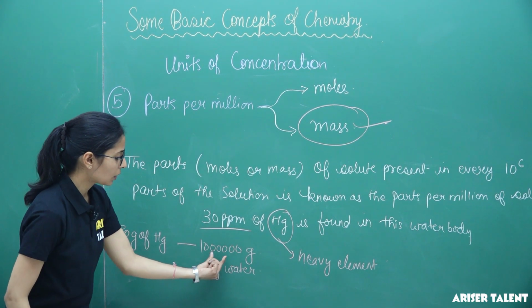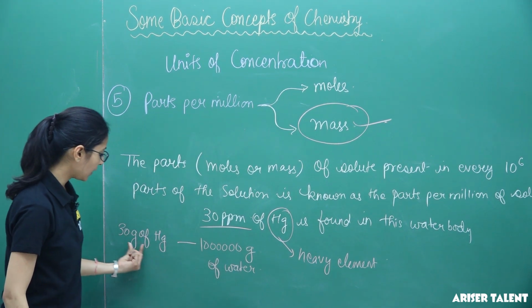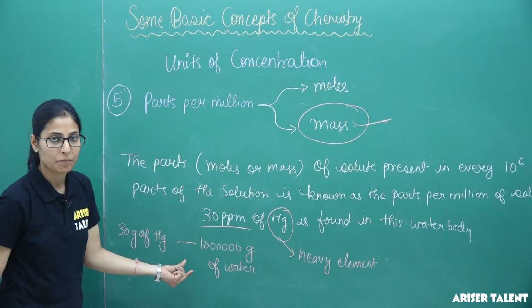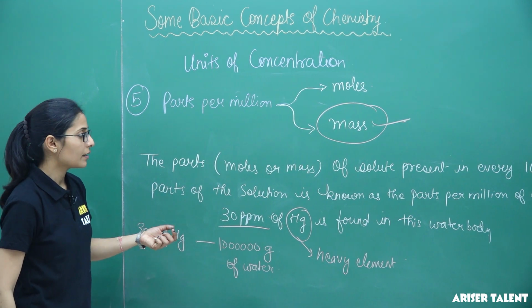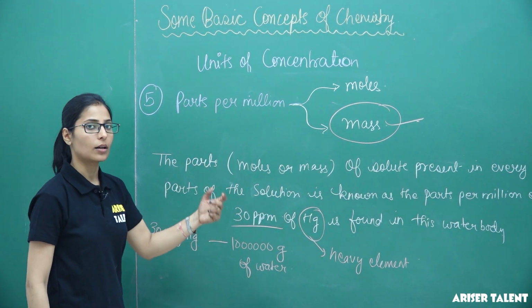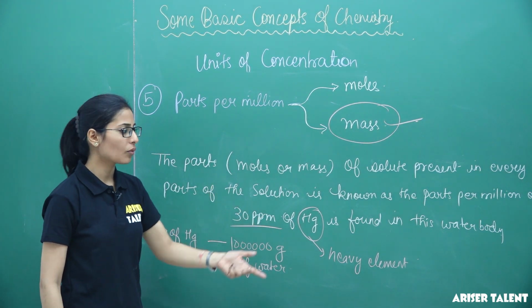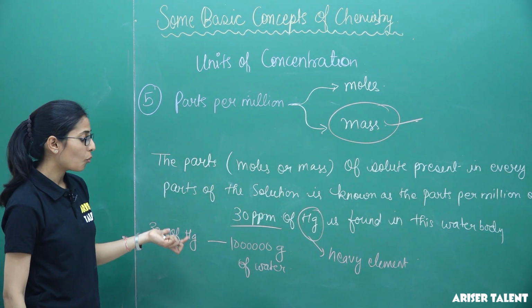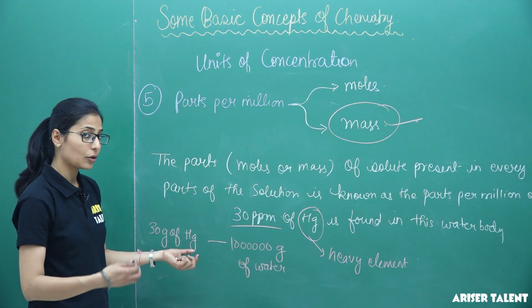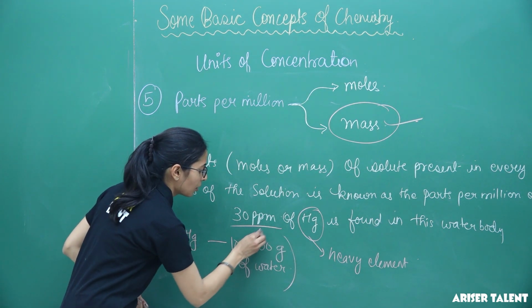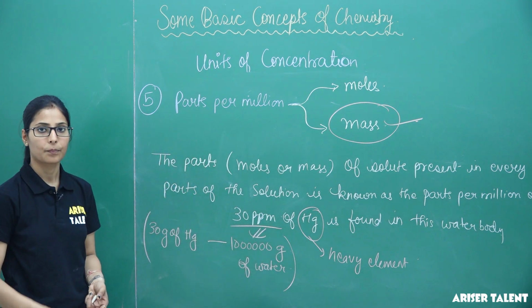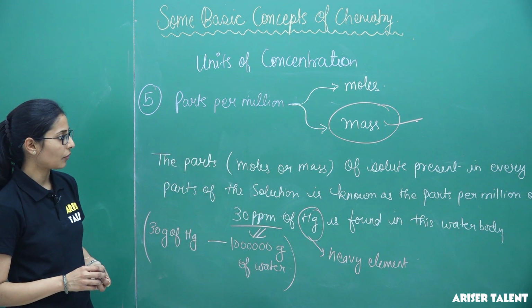In every 10 to the power 6 gram of water, we have 30 gram of mercury. Since this is a very small quantity of solute, instead of writing this concentration in terms of molarity or mole fraction, we use a different unit of concentration, and that is why we use ppm for this. Okay. So, I think it is quite fine.